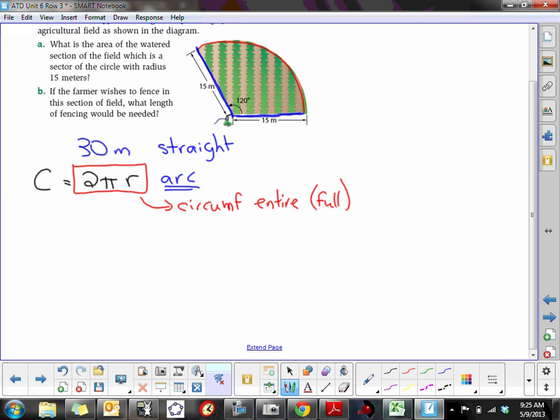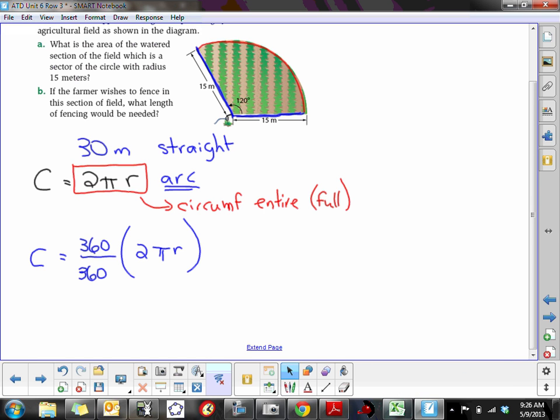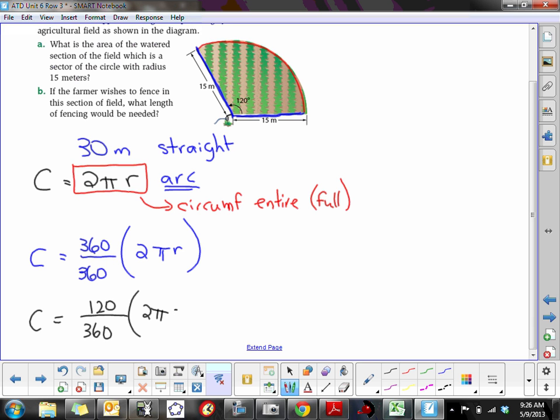So just like we did with our formula for area, we're going to modify our circumference formula. We don't want 360 out of 360 of the 2 times pi times radius. We're again going to change our 360 into the portion that we want. We only want 120 degrees of our entire circumference, 2 pi r.